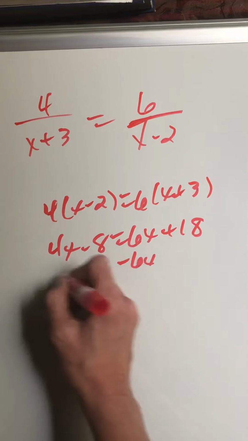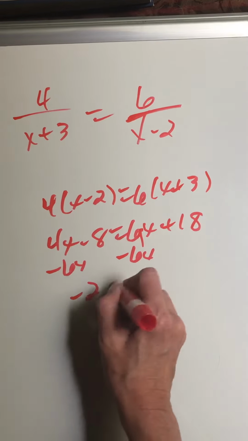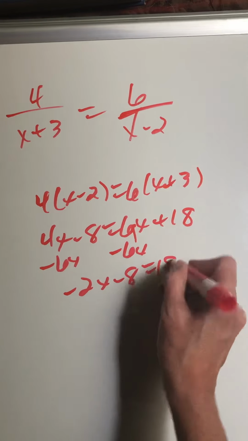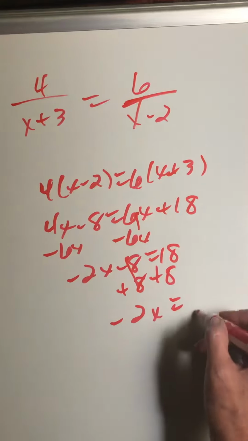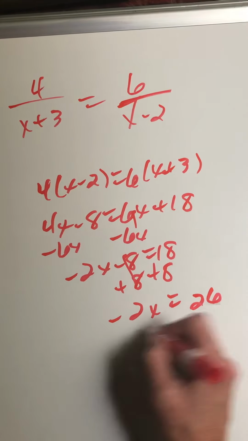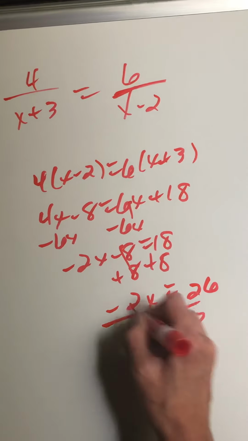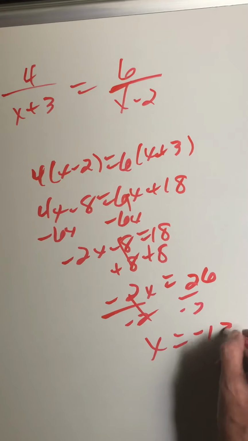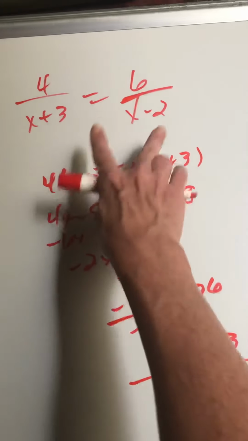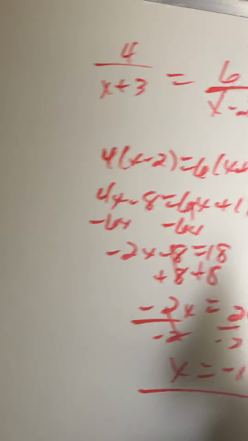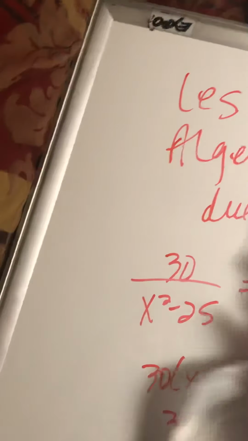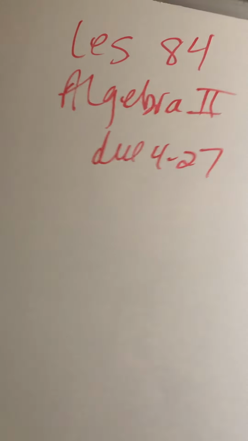And then, guys, this is just an easy, like Algebra 1 equation to solve. Shouldn't be a big deal for you at all. That's 26, so x is negative 13. Negative 13 doesn't make either one of those 0, so we're good. So x equals negative 13. That's what you have to watch out for. That's the biggest thing you have to watch out for: is it making it 0?